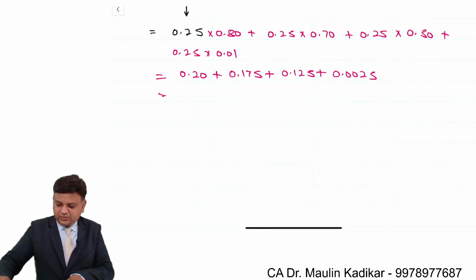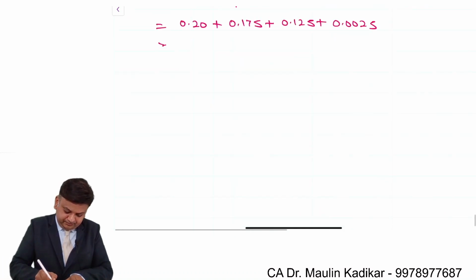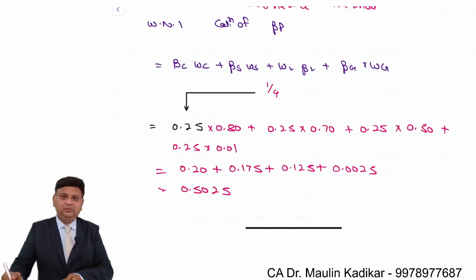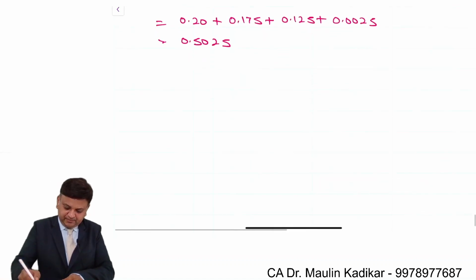So 0.2 plus 0.175 plus 0.125 plus 0.0025 gives 0.5025. So first of all, you can calculate the beta of the portfolio. Once you compute the beta of the portfolio, then the answer is very simple.